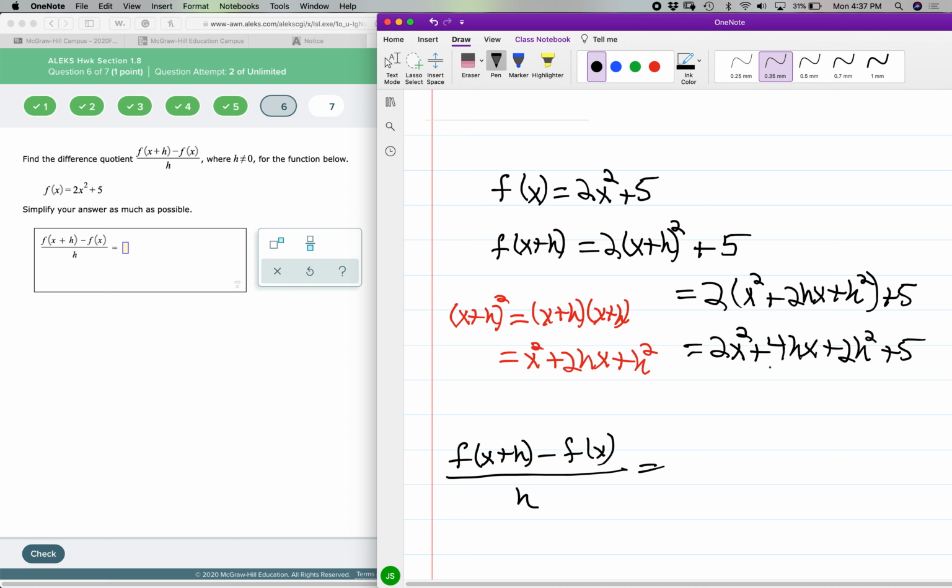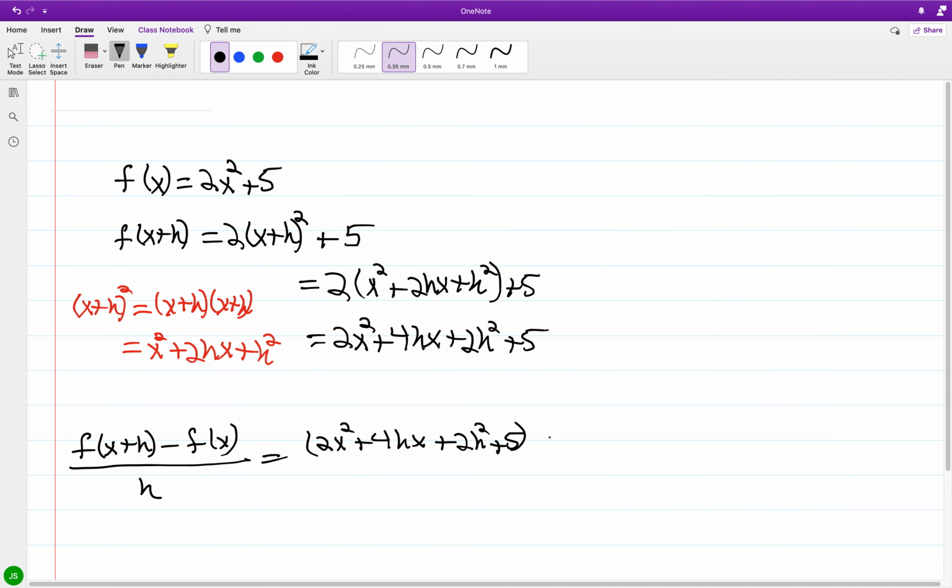So filling in what we have with the expressions, so you have 2x squared plus 4hx plus 2h squared plus 5. And you have minus f of x, so f of x we have 2x squared plus 5. We have all over h.